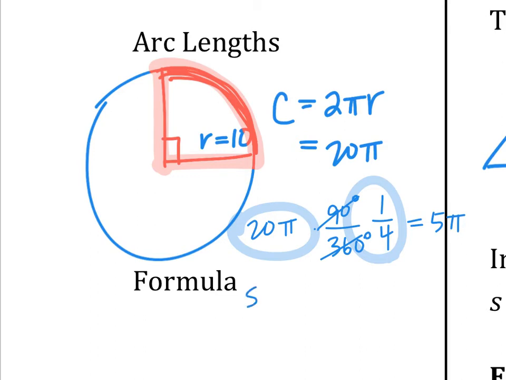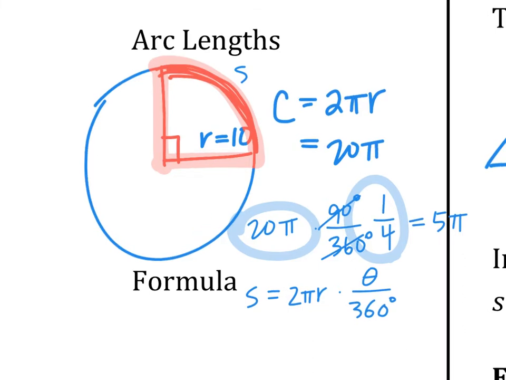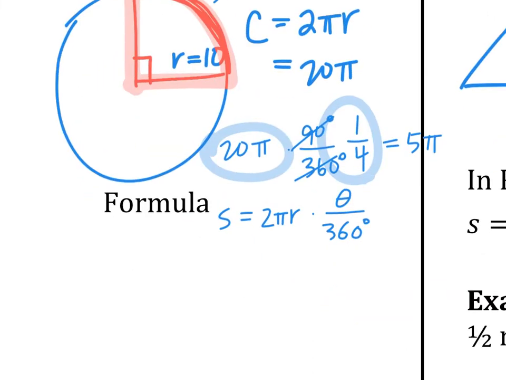The arc length is 2 pi r times however big that angle is over 360 degrees. Are you guys with me? So this is very logical. It's just, this much, I want this much.